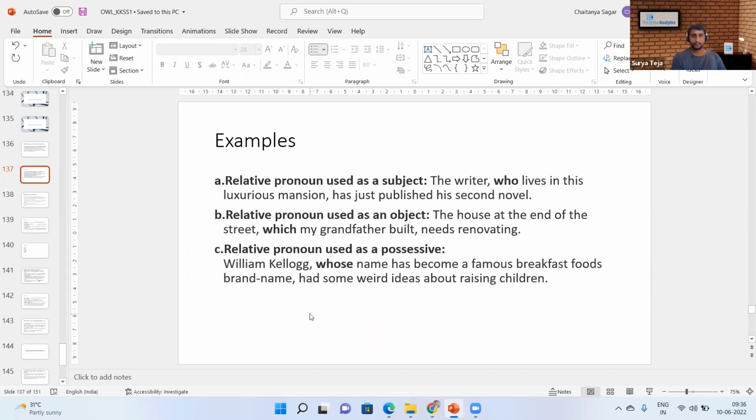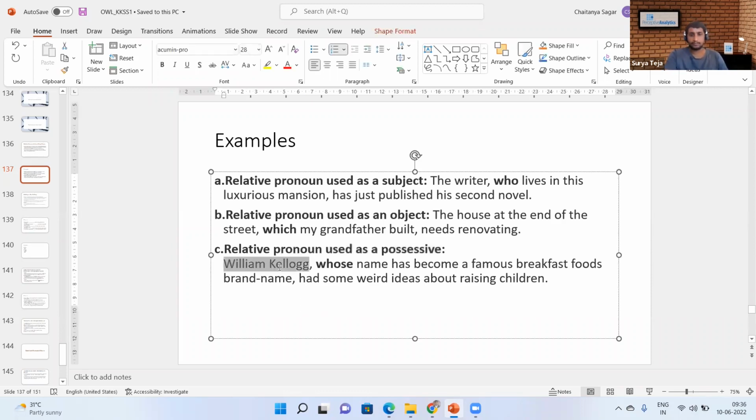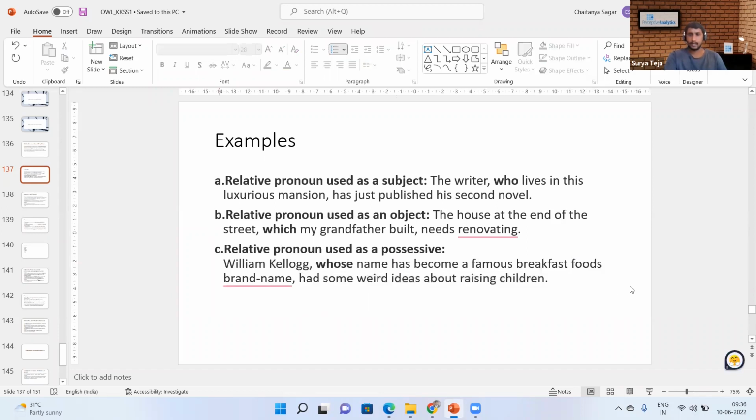And you see the third example, relative pronoun used for possession. William Kellogg, whose name has become a famous breakfast foods brand name, had some weird ideas about raising children. If you remove what is mentioned between the commas, you can simply say William Kellogg had some weird ideas about raising children. The part whose name has become a famous breakfast foods brand name is not in line with the context.